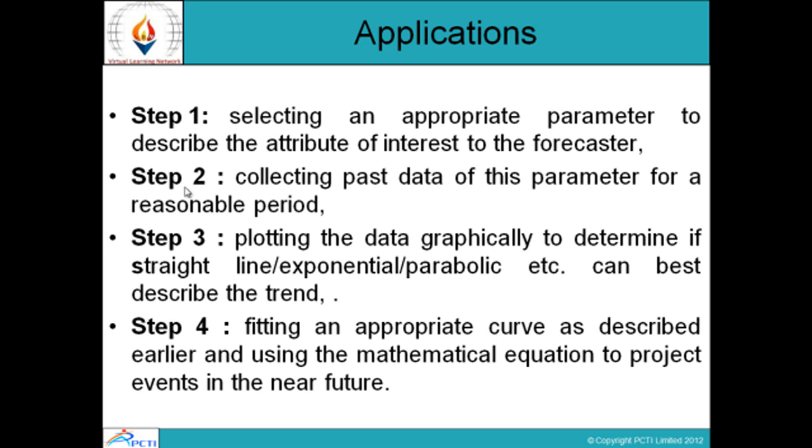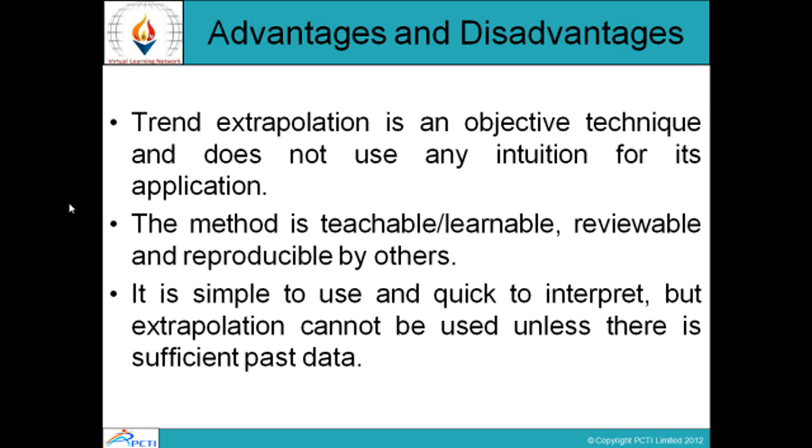Third, plotting the data graphically to determine if a straight line, exponential or parabolic curve can best describe the trend. Fourth, fitting the appropriate curve as a mathematical equation, that is, using the formula in this stage.